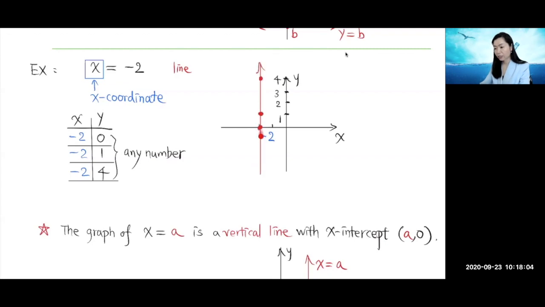This is a straight line, and it is vertical. So we're going to label this line by this equation. So we put down x equal to -2, and this is a vertical line. In Chinese, we call that 垂直线.